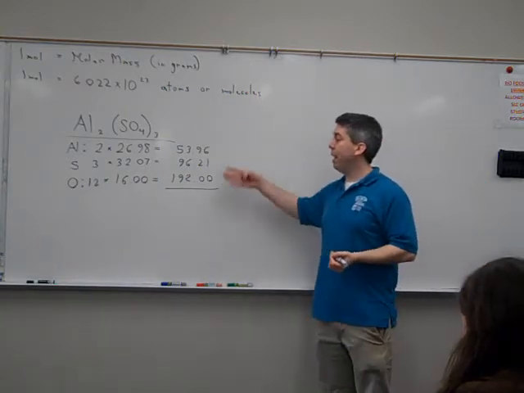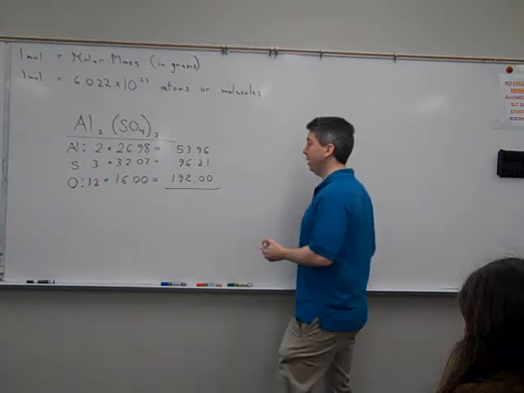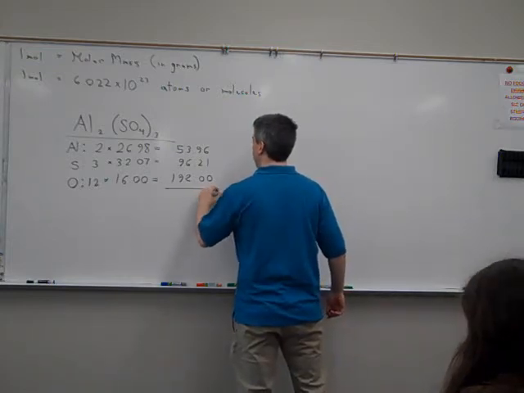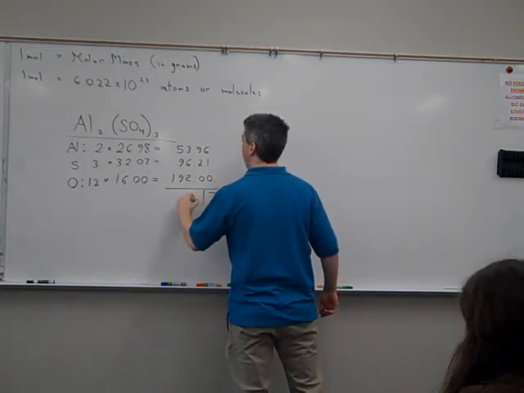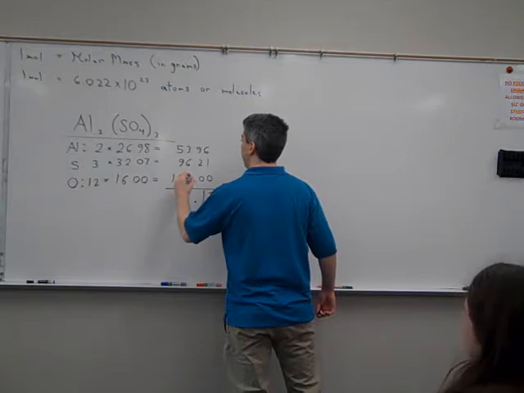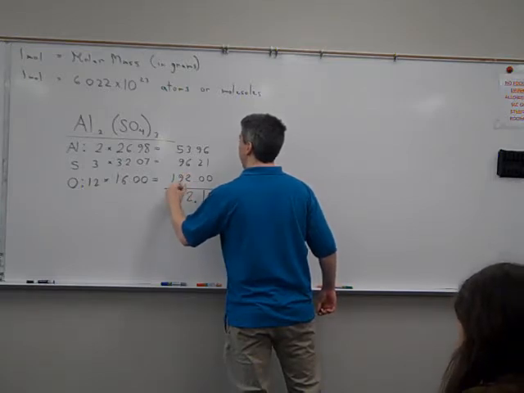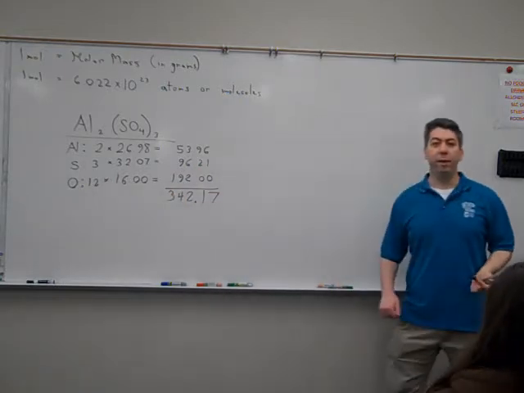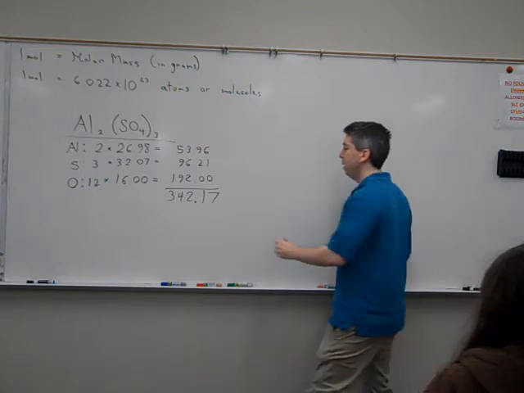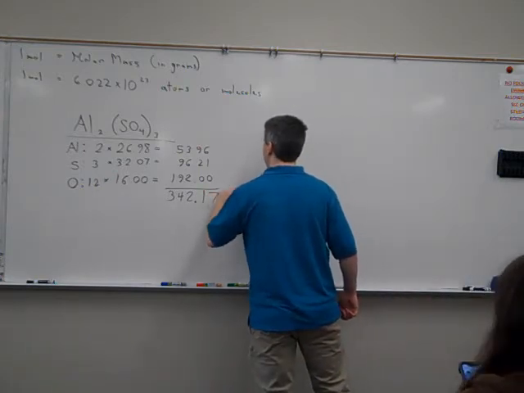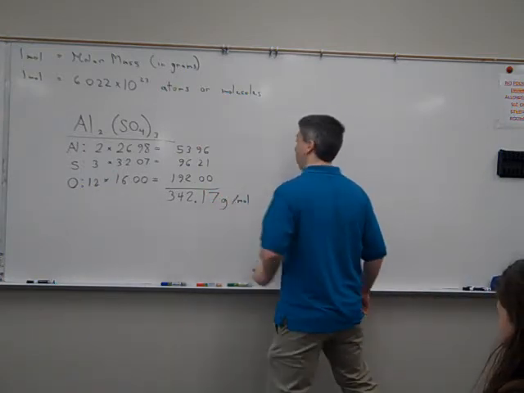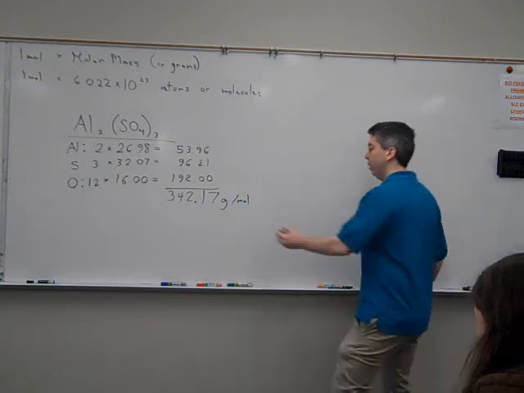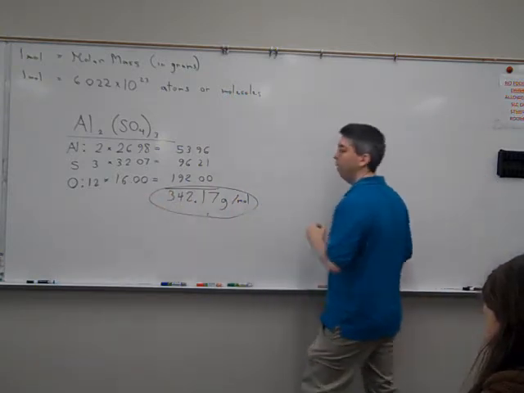Then you simply add all these up and you should get 342.17. So this is the grams per mole. That is the molar mass.